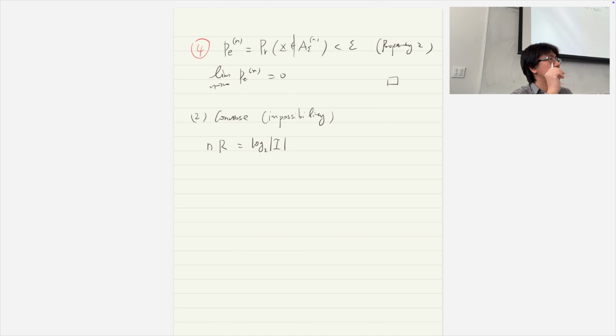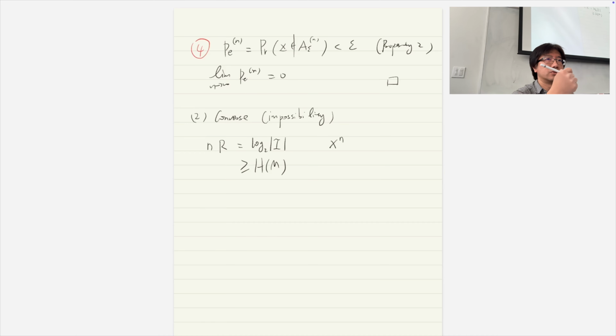Okay, so next, very important. As we said, we're going to use most of the 4 important inequalities here, or corollary. The number one thing we're going to use is this: this is bigger than or equal to H(M). So remember what M is.